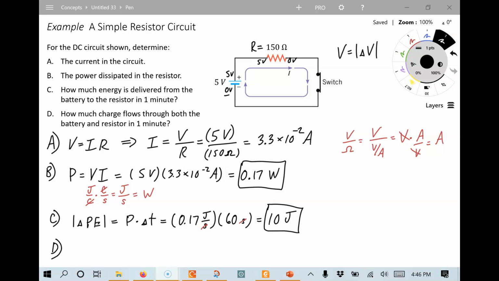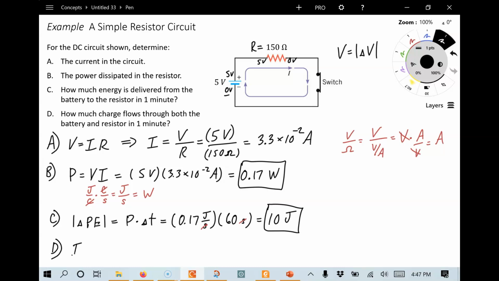How much charge is it? Well, one way to do it is to go back and think of the definition of current. Current, I, is the amount of charge that passes through the circuit in a certain amount of time. Using this equation, we can solve for Q, and that's going to be equal to the current, the rate of charge flow, multiplied by the amount of time that passes.